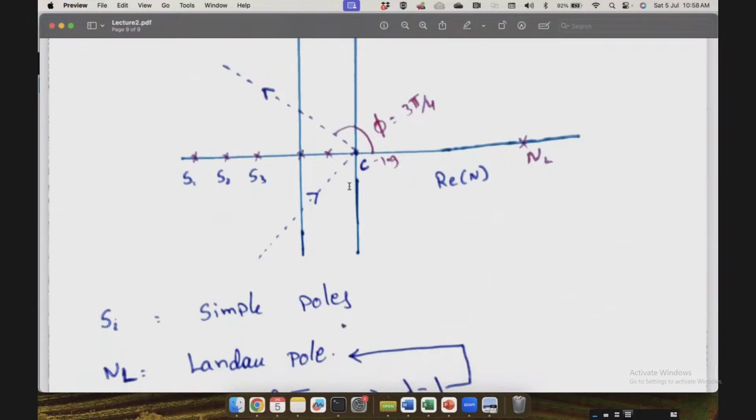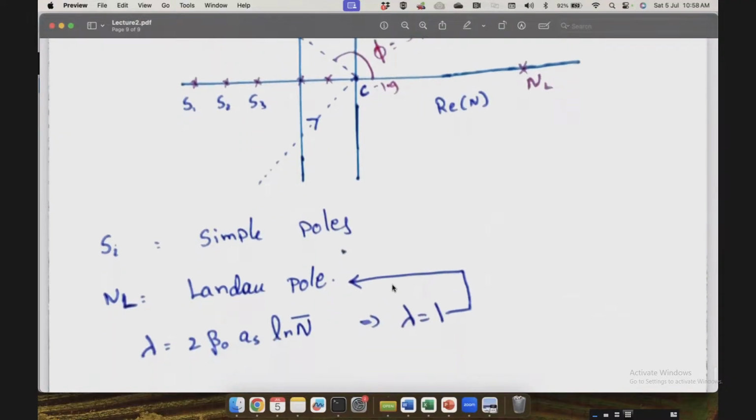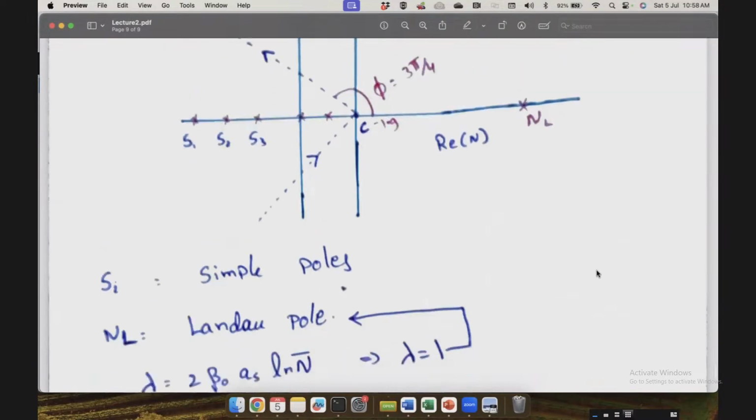Then what is the choice of the value of C, and at what angle do you take the contour deformed? Those values are given in a paper by Pegasus, by Forte et al. The value of C is chosen to be 1.9 and phi equal to 3 pi by 4. This same choice is also taken in the initial paper by Catani on Higgs resummation way back in 2003.